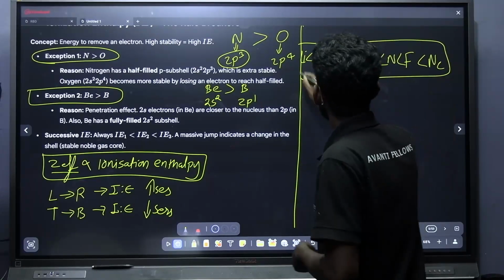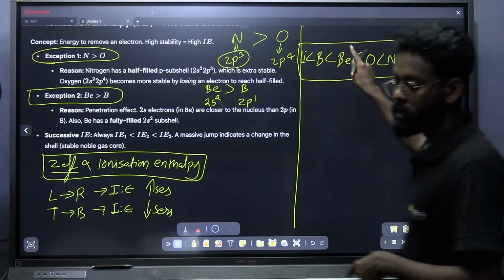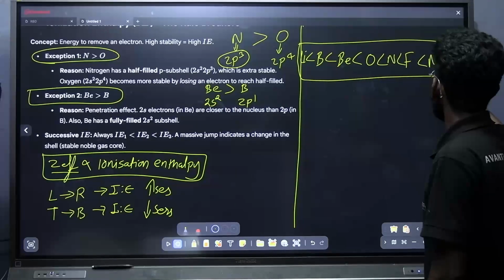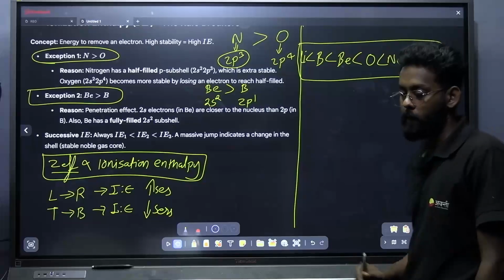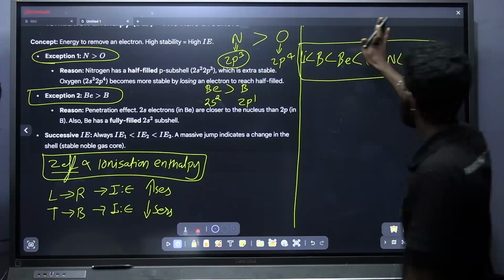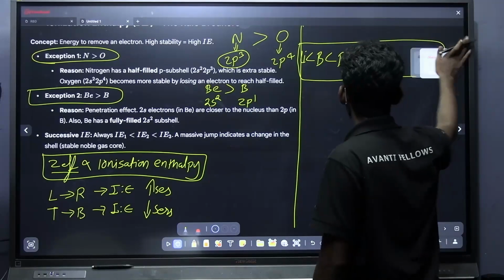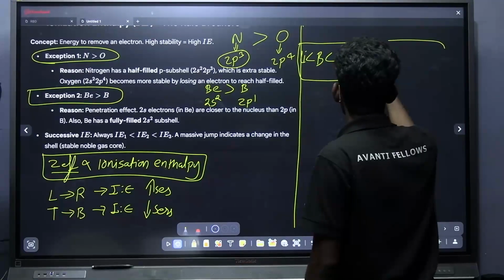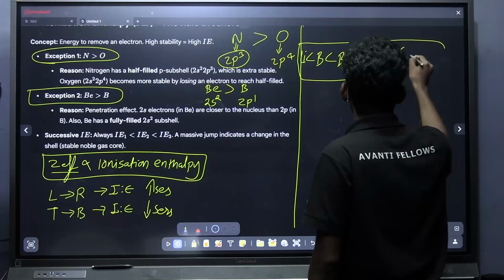This is the order I want everyone to take a note of, because a lot of questions have come from this order. The least one is lithium, the highest one is neon. Okay, take a note of it. Then fluorine, then nitrogen, oxygen. There is one species missing here. What is that? Carbon is missing, right? Beryllium, boron, then comes carbon.